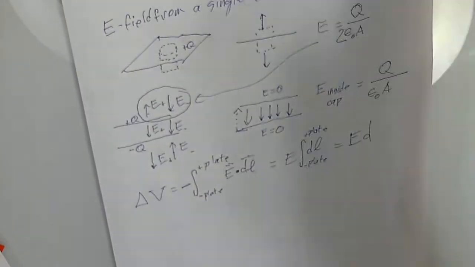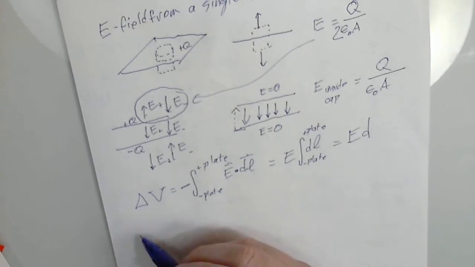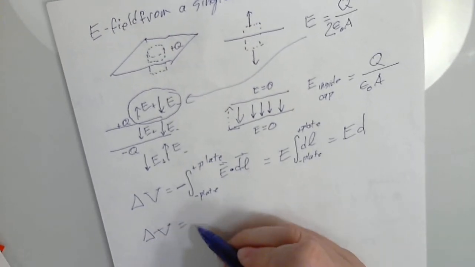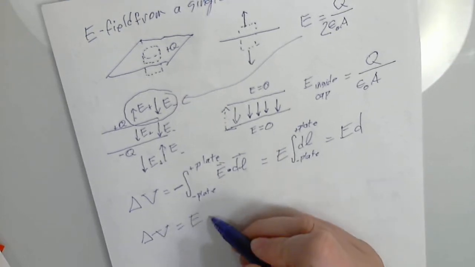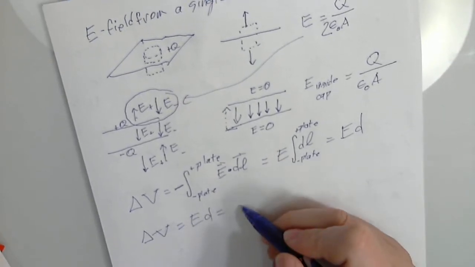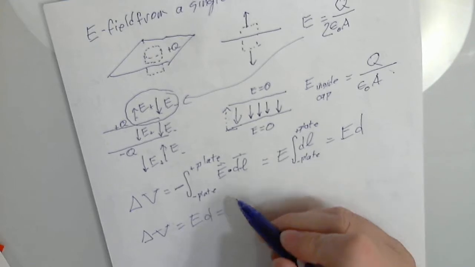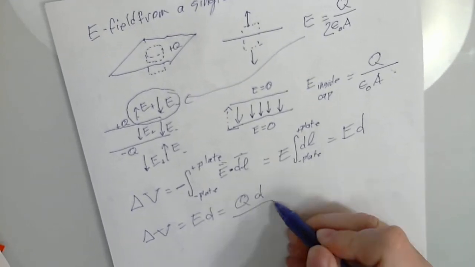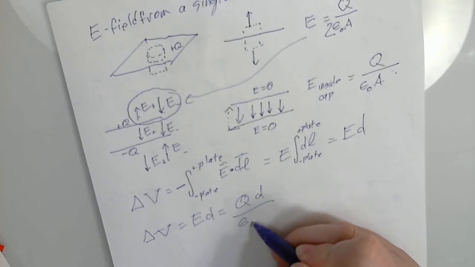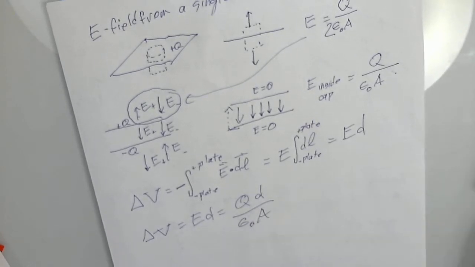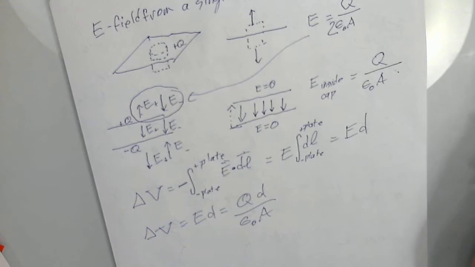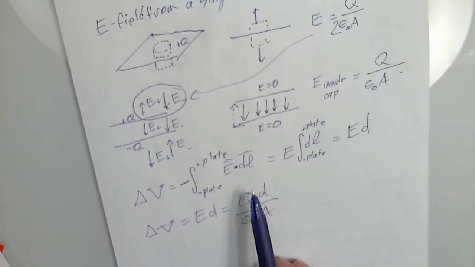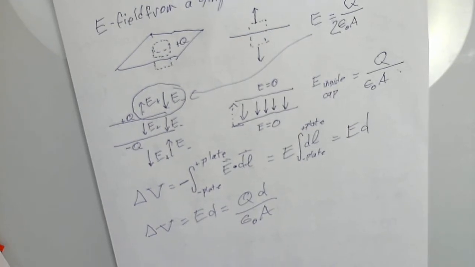All right. And so we now find that delta V is equal to electric field inside times distance, which, borrowing from this expression, is Q d over epsilon naught A. And so as promised, the electric potential is in fact proportional to the charge on the plates.